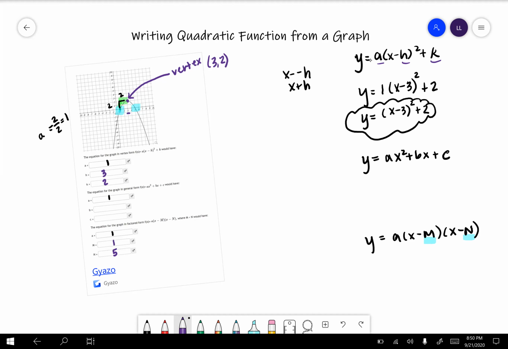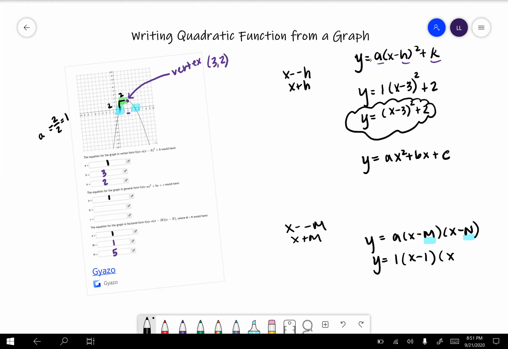And so we can write our equation like so. y equals A, which is 1, times (x minus 1), and once again, that's going to remain a minus because my 1 was a positive 1. If my 1 was a negative 1, it would have been x minus negative 1, which would have made it x plus 1. But because we're not in that situation, we're going to leave it as minus.